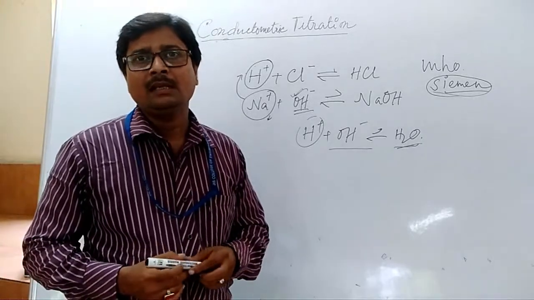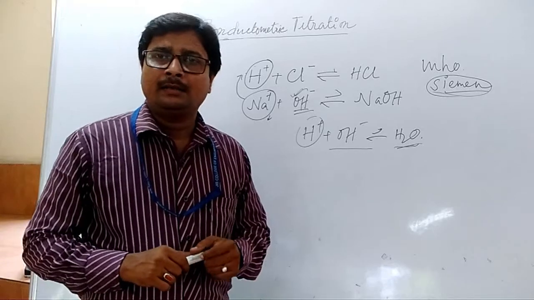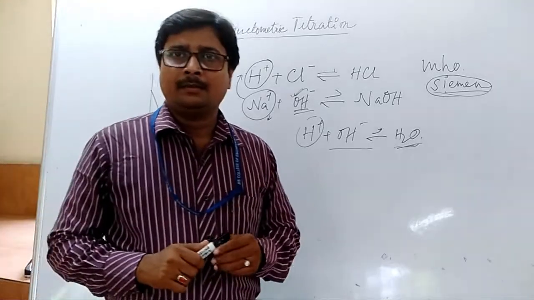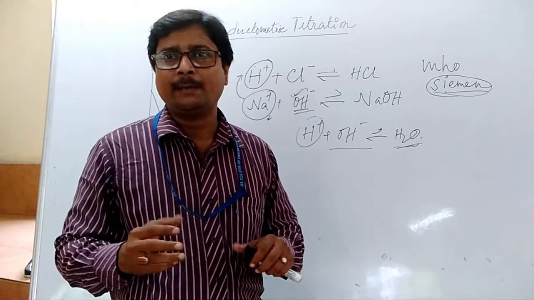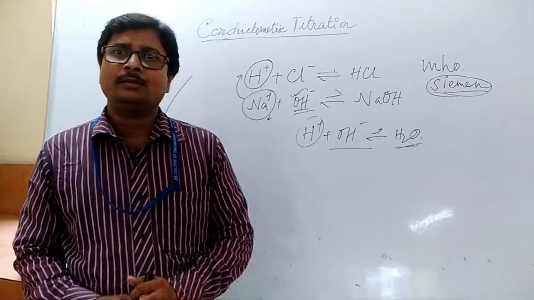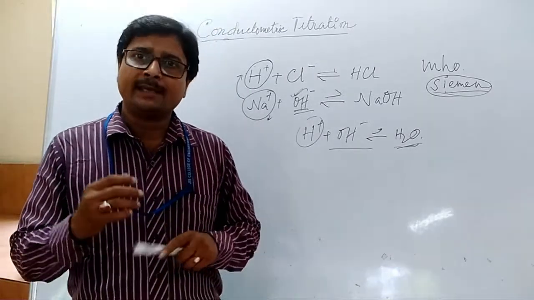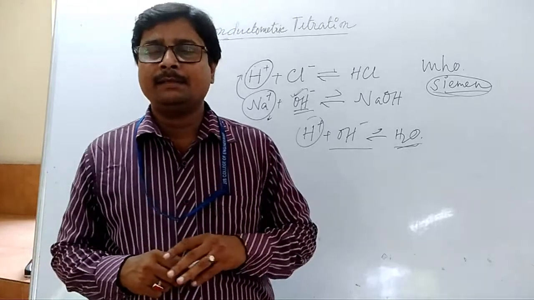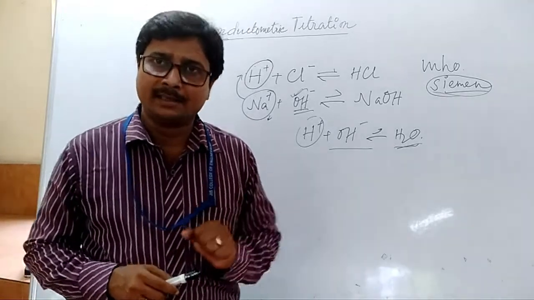So this is the theoretical part, and now the procedure of the experiment is like this. We have to take the NaOH solution, that is standardized NaOH. We will provide you say 0.1 normal NaOH, which should be taken in the burette, and in a plastic beaker we have to take 10 ml of unknown HCl.